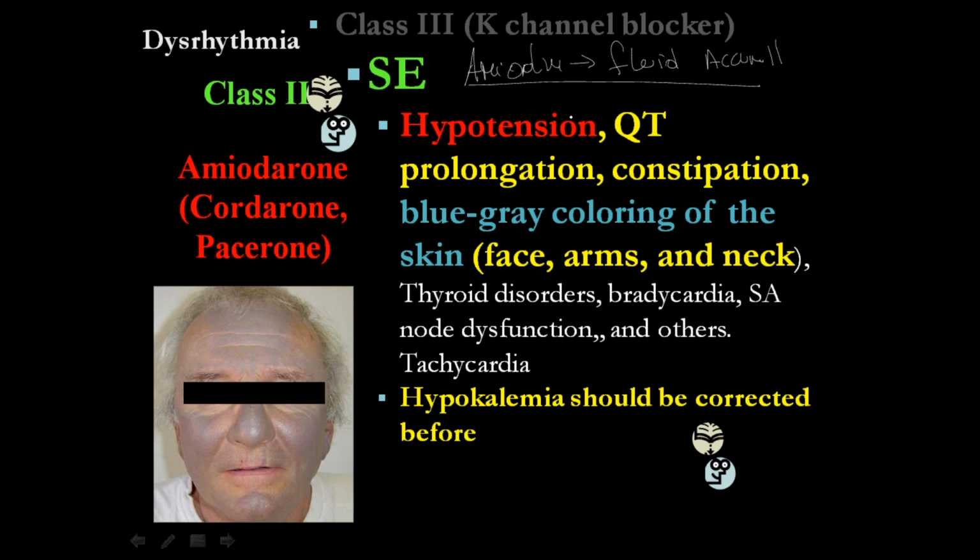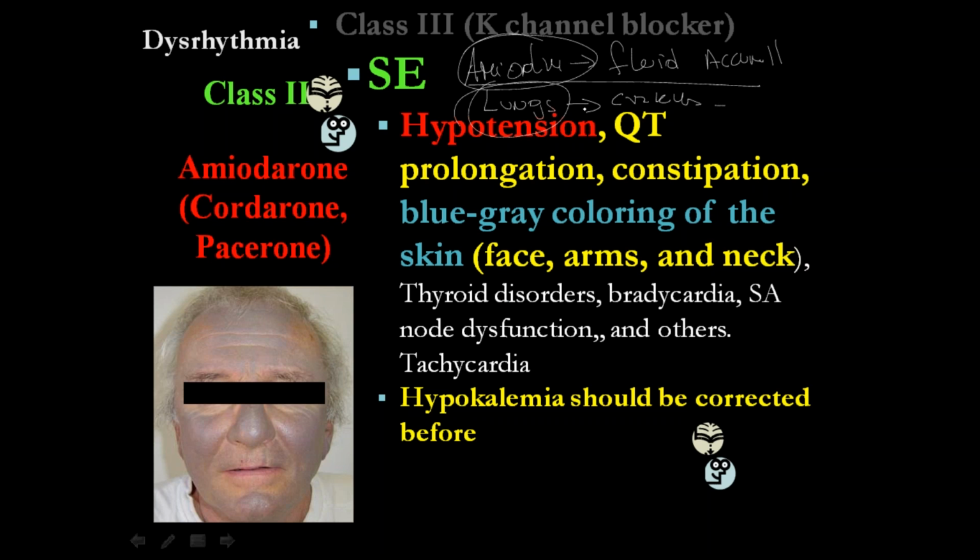So what do we have to be careful about? The lungs. If the patient is using amiodarone, an antiarrhythmic, look at the lungs. If you hear with the stethoscope crackles, that means there is accumulation of fluid in the lungs. So that is one of the side effects of amiodarone.